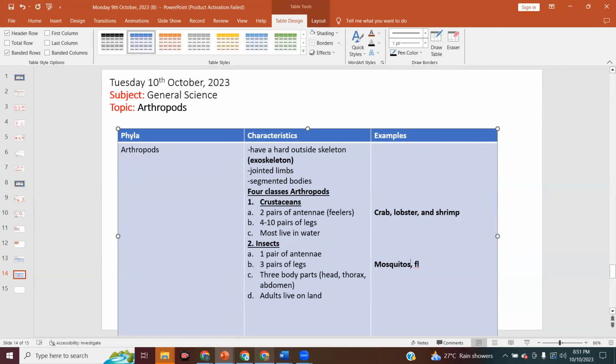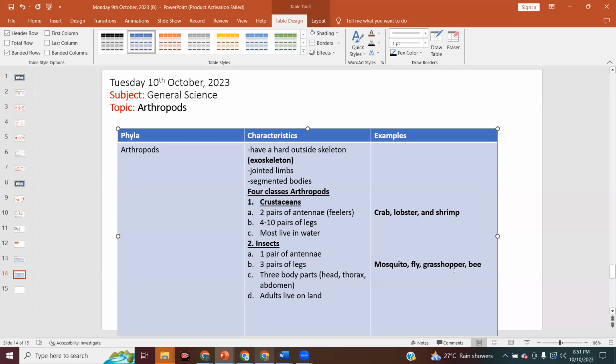Mosquito. Fly. What else? Grasshopper. Wasp. How about bee? Moths. All right. So those are examples of insects.